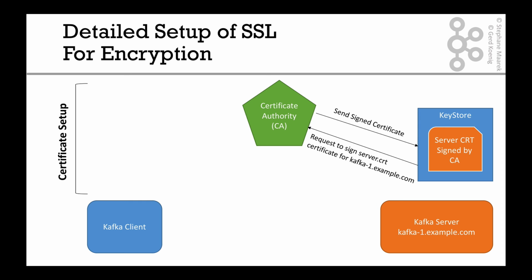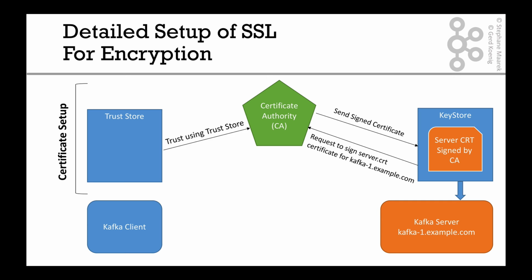All right, on the left hand side now, we will have a trust store, and that trust store is similar to a key store but not exactly the same. The trust store needs to trust the certificate authority. Trusting means that any certificate signed by that certificate authority is legit, and that's called trusting. That's the whole principle behind SSL.